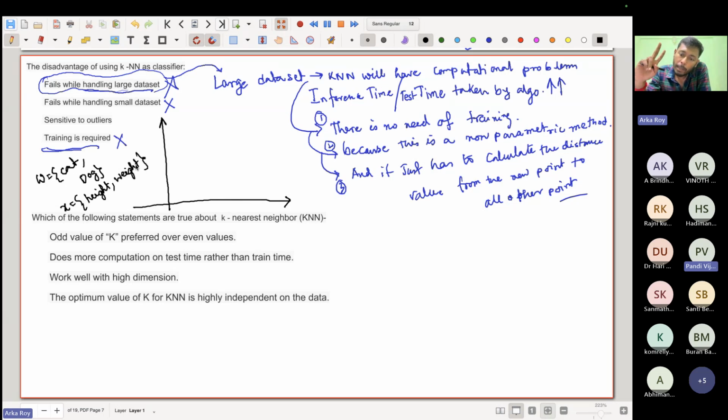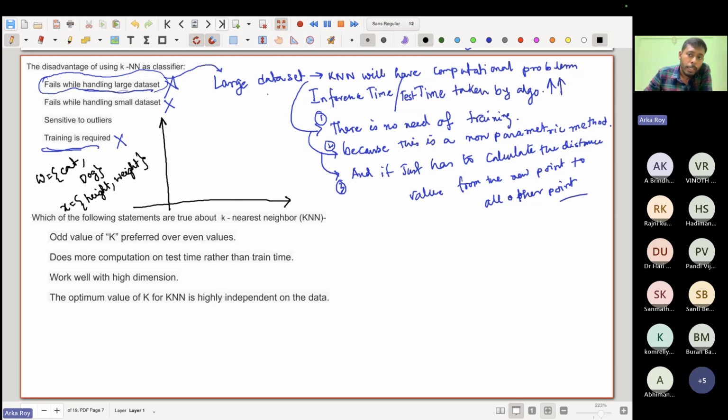Let us consider we have two classes. We have a binary classification problem. The classes are cat and dog. And from each of cat and dog, we have taken two features. One is the height of the animal and another is the weight of the animal.